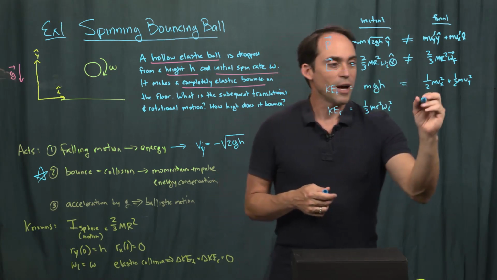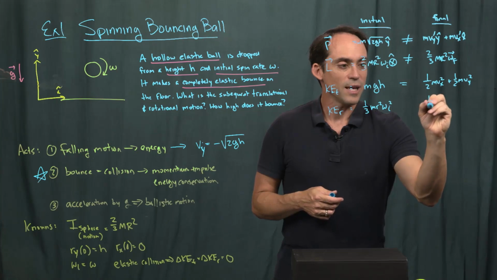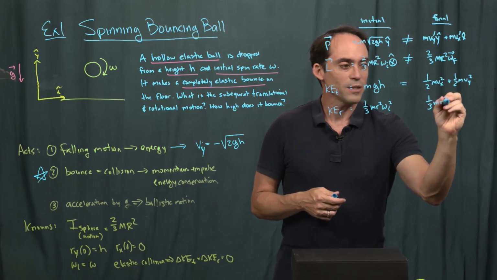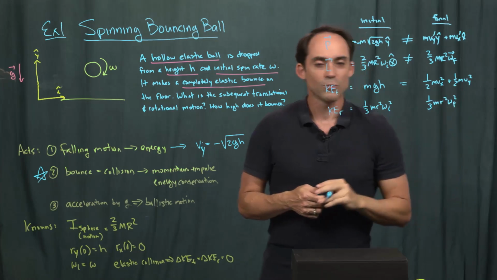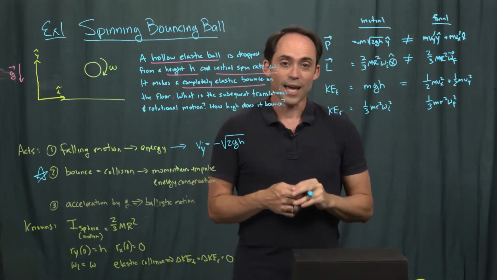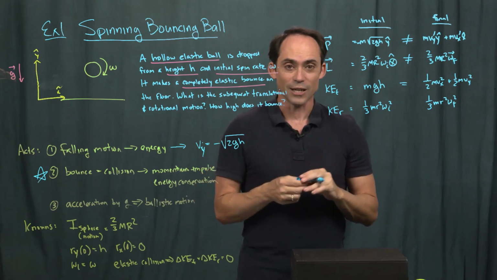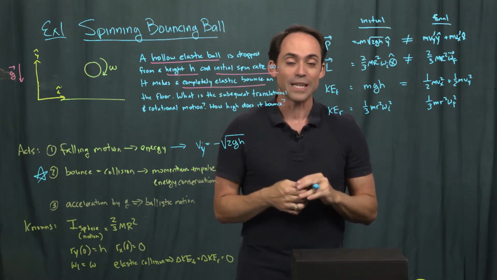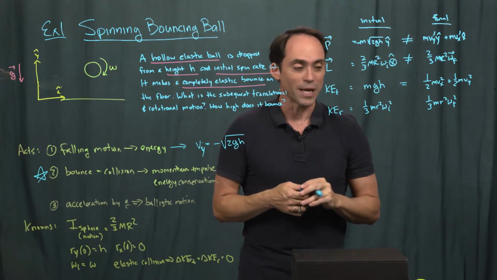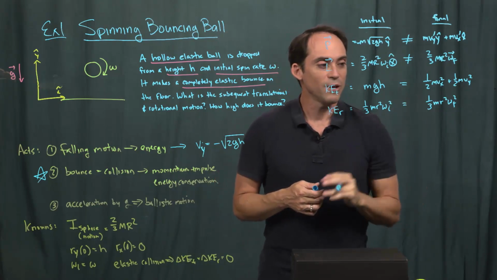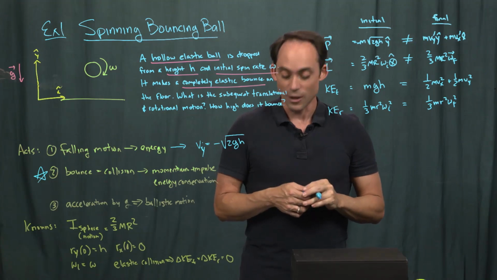And our final rotational energy is going to be the same I, because we haven't changed the object, times the final rotation rate squared. Again, in the absence of any dissipative force, and we've been told it's a completely elastic collision, that's the assumption we're making, so these two numbers are equal as well.